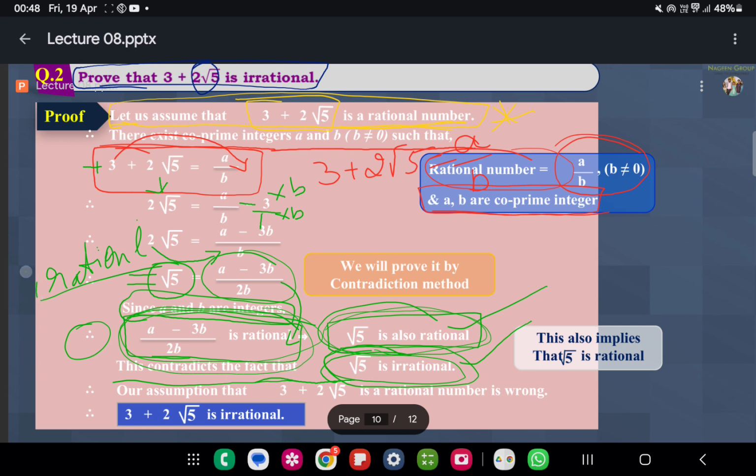Here also root 5 is irrational. So a minus 3b divided by 2b equals root 5, and we already proved that root 5 is irrational, so a minus 3b divided by 2b is also irrational.